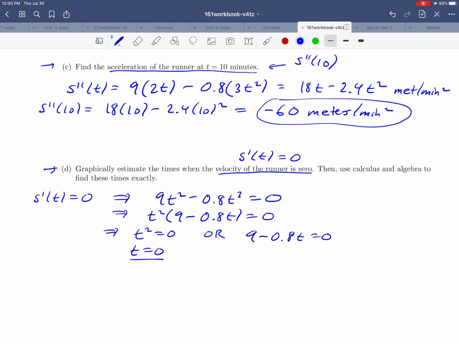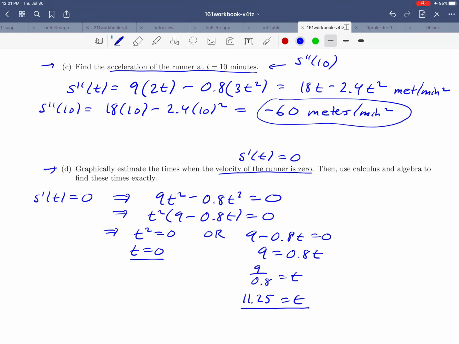What about the other equation? Well, if we add 0.8t to both sides and then divide both sides by 0.8, let's see what we're going to get here. 9 over 0.8 equals t, and you can confirm with your calculator that 9 over 0.8 is 11.25.